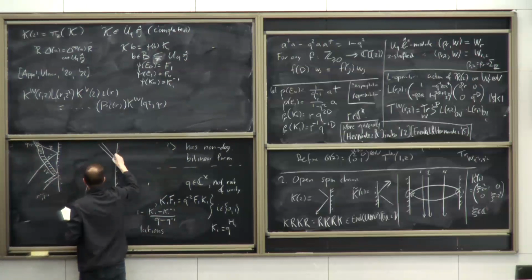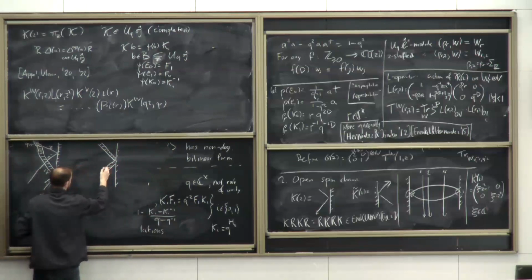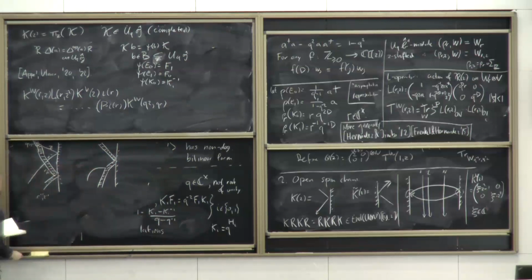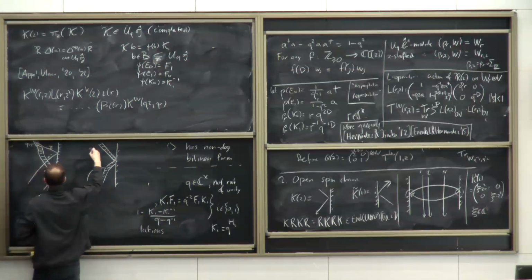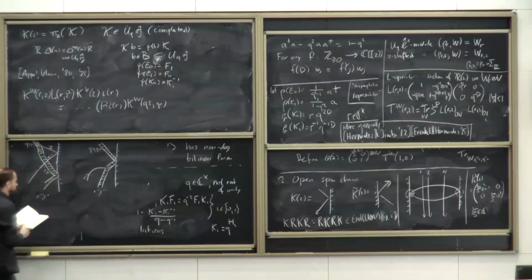And then you split off this finite dimensional one like this. Okay, and so the parameters are compatible. And so this is the underlying picture behind this identity.